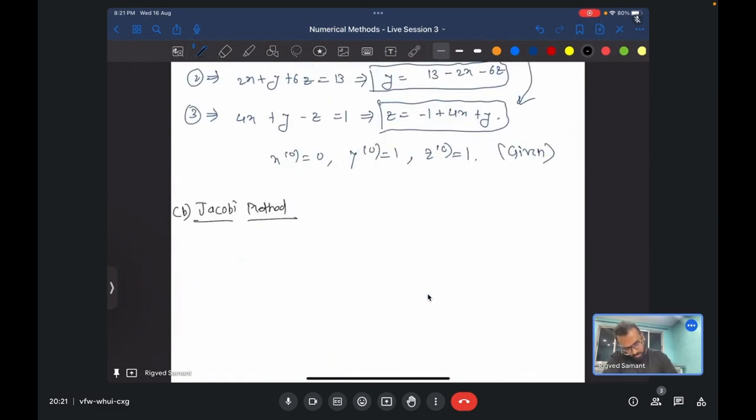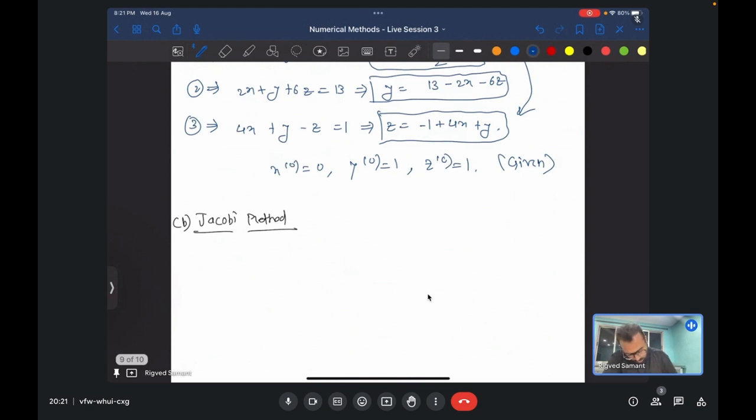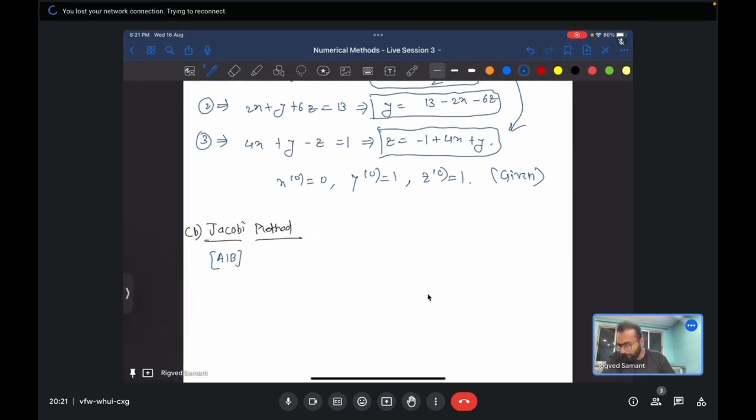Again, the augmented matrix [A|B] will not change, right? That is 4 1 minus 1 1, minus 2 5 0 minus 7, 2 1 6 13.